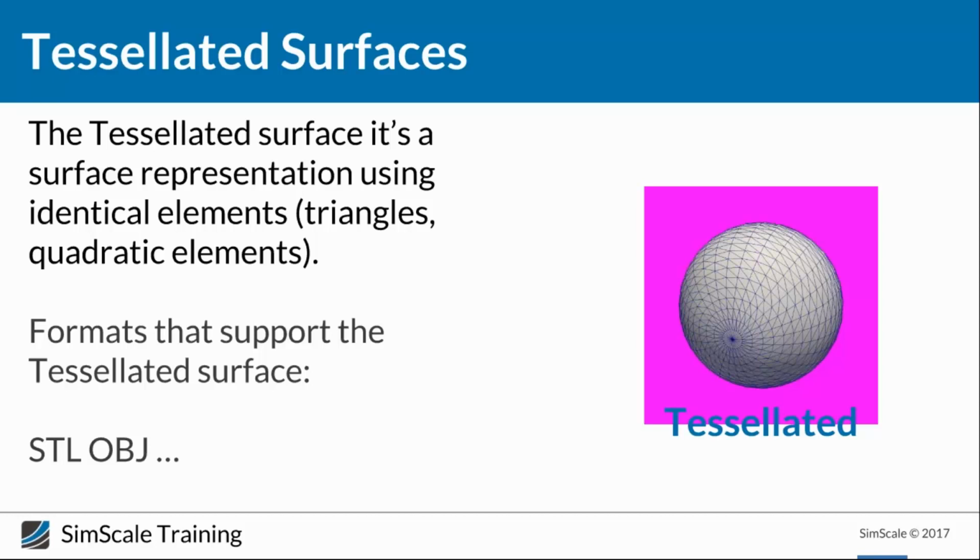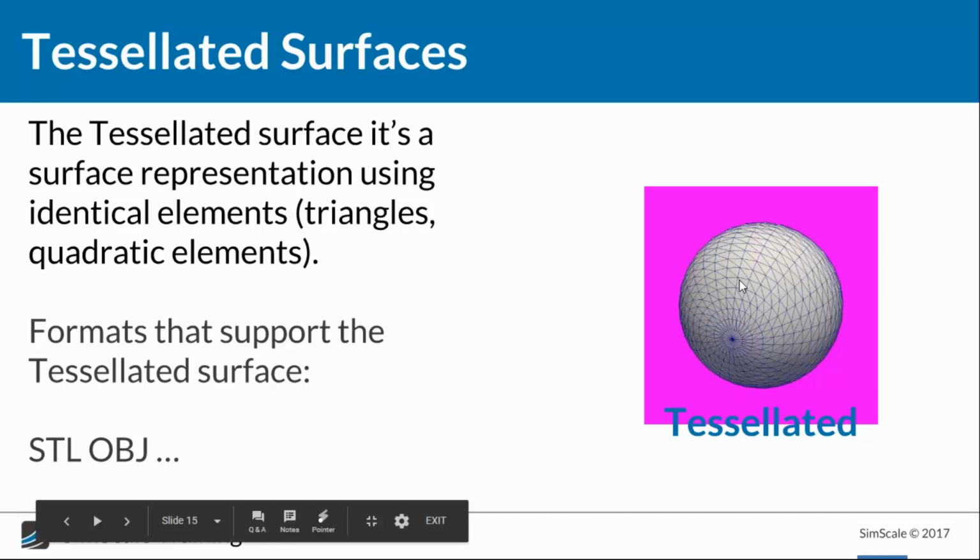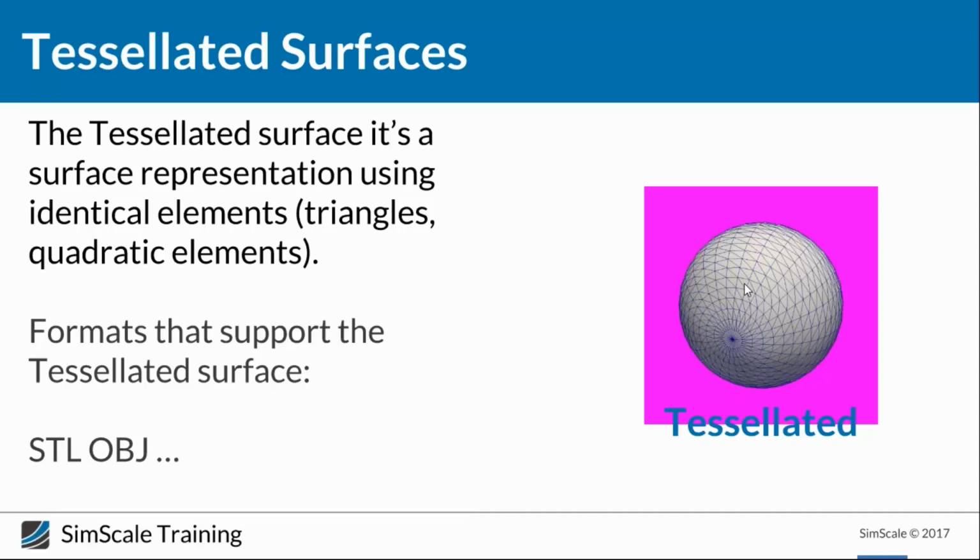We can have one element up to thousands or millions of elements to represent a geometry. As you can see here from the side, instead of using this approach of NURBs and splines to represent the surface, here we are using small elements that are connected to each other, and they will give you this shape.